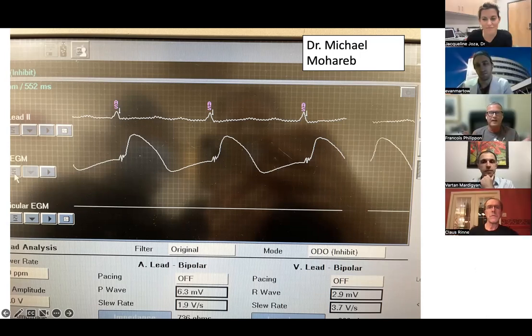You unscrew, you start again, and most of the time it doesn't create any problem, even if there are some coronary venous fistulas and coronary artery fistulas now described with LBB pacing. But I think we can prevent that by combining EKG morphology, current of injury, and impedance.